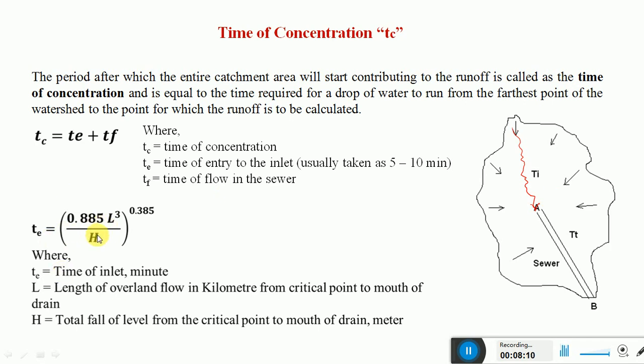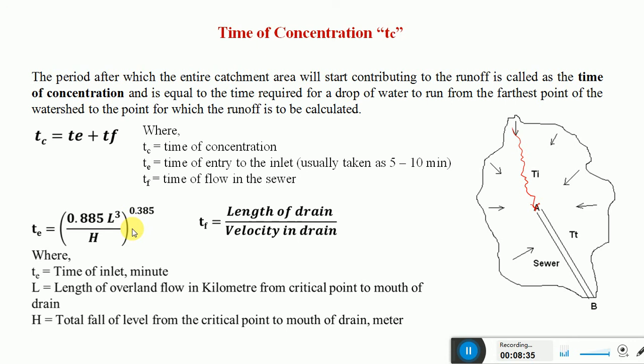H is the total fall of level from the critical point to the mouth of the drain. So it is the total fall or gradient from this point to the entry of the mouth. Substituting in this equation, we will get the time of entry.